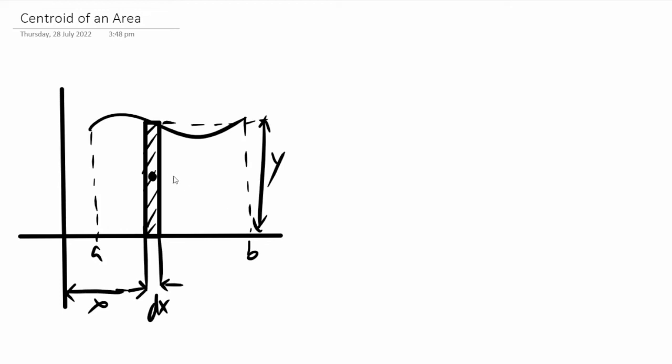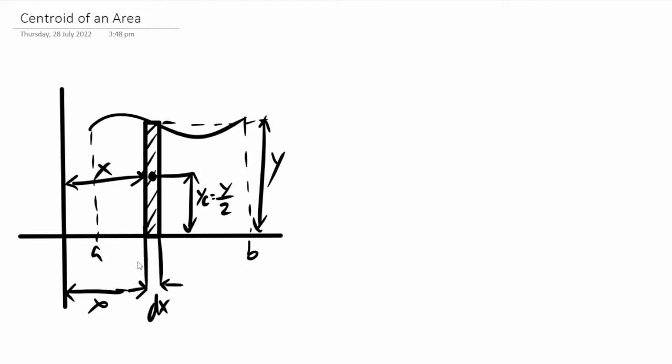Now, since the position of the centroid is here on the center of the strip, we'll have our yc here. That is equal to, since this is half of y, y over 2. And then the distance from the centroid to the y-axis is still x, right?